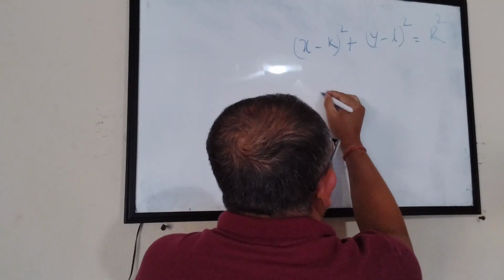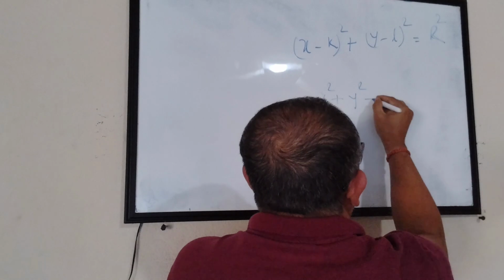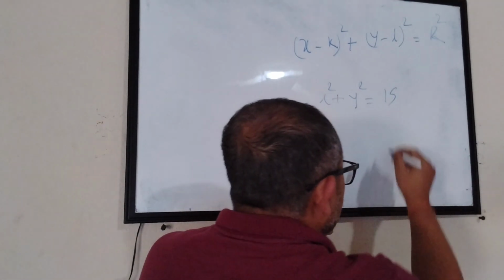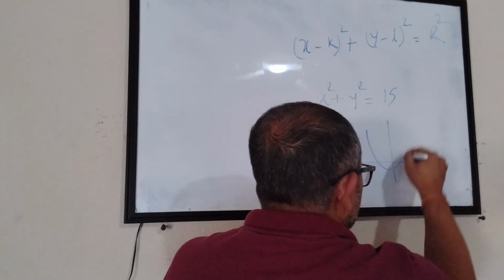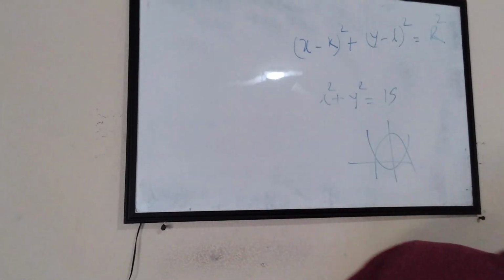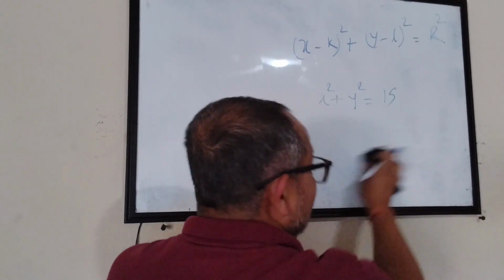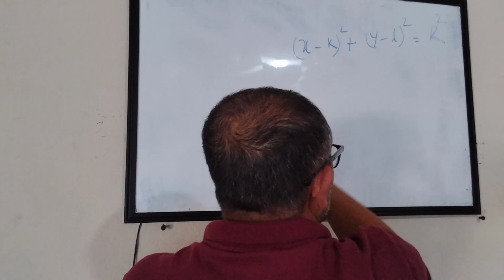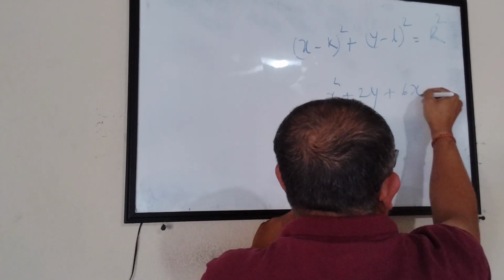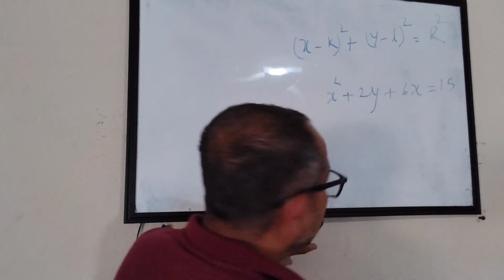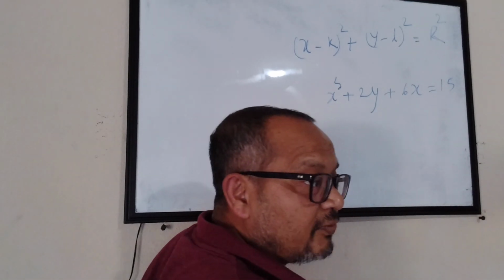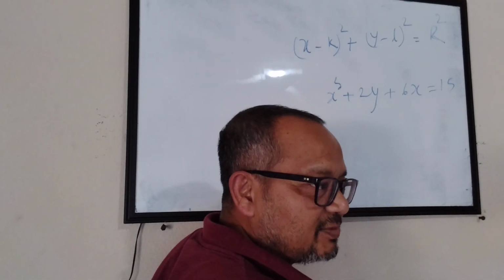If you have, let's say, x squared plus y squared equal to 15, this is a quadratic equation. This draws a parabola, right? An easier way to correlate: if you see only the square of one of the variables, that's a parabola.